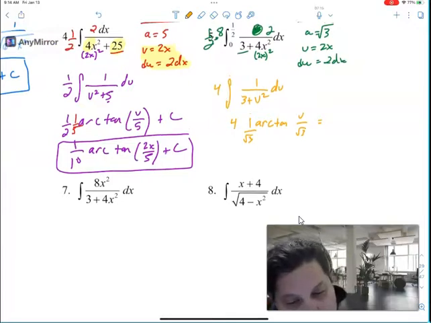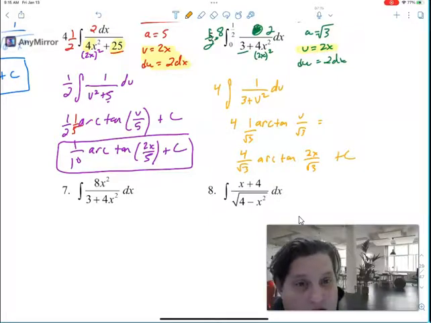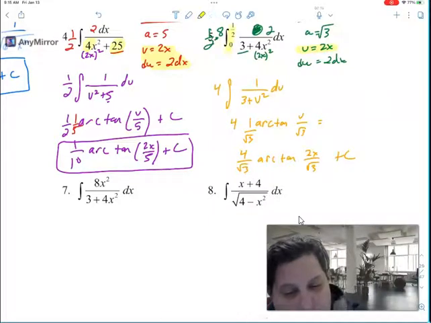Now u was 2x, so let's go ahead and plug that back in. So it's 4 over root 3, and then it's arctan 2x over square root of 3. Now, if I put a plus c, I'm done, except that this problem actually had endpoints.